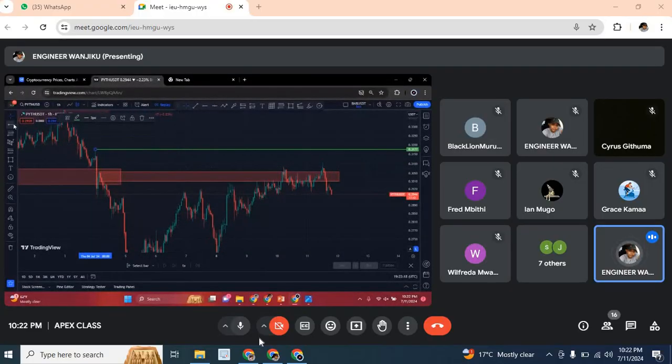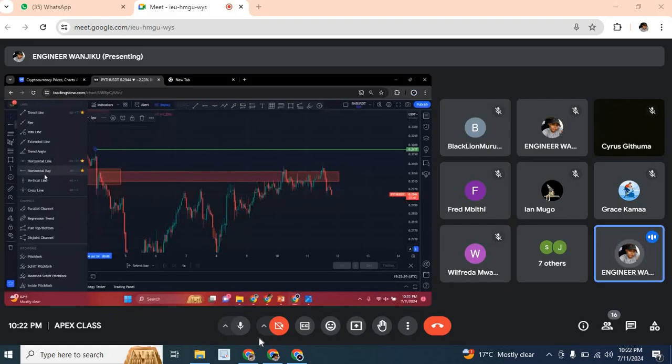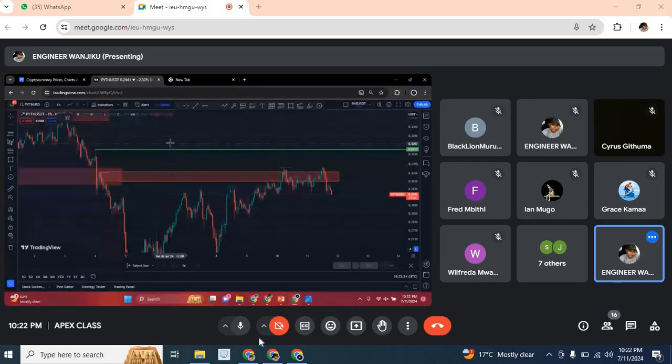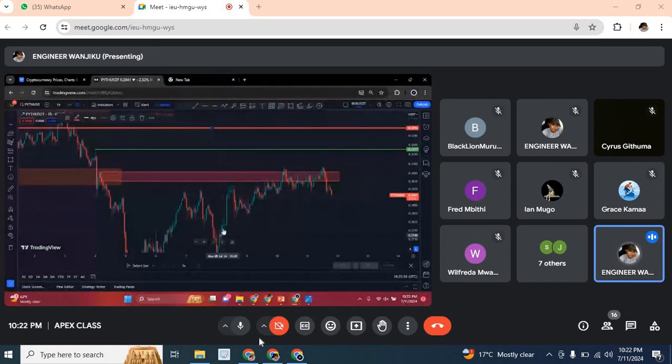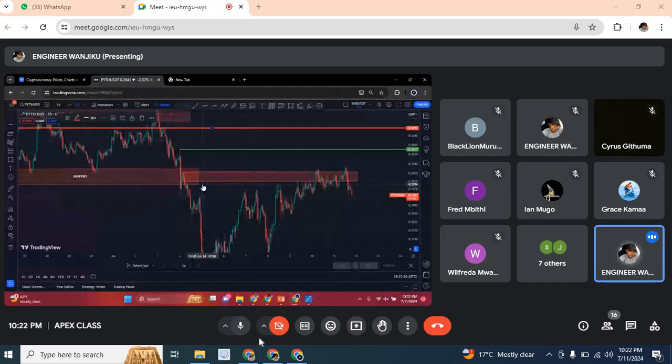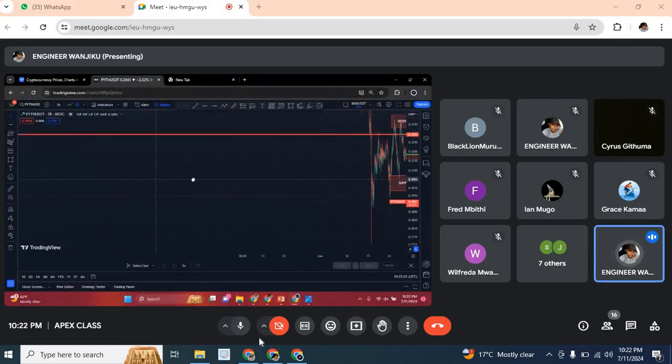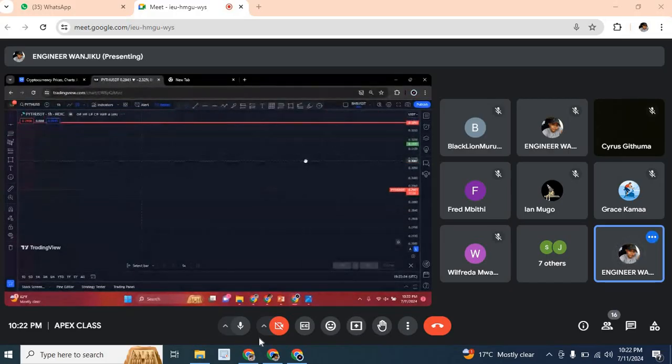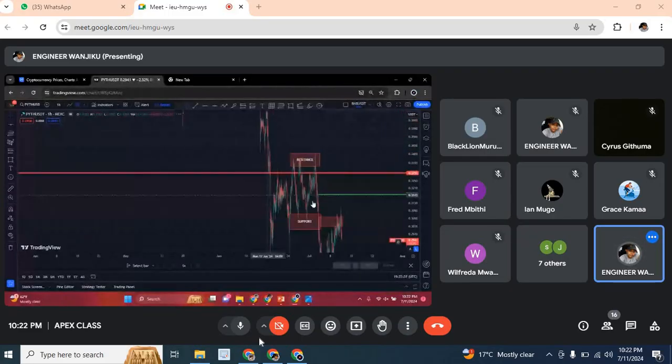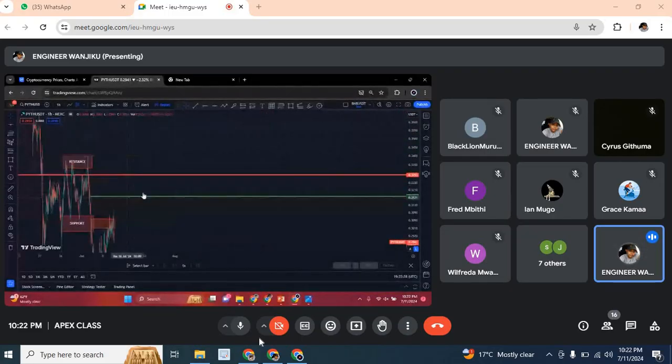But the horizontal line draws a line from the left all the way to the right. So if I do that with the horizontal line, even if I zoom out to whatever date, I'll still see that line. So that's the difference between the horizontal line and the horizontal ray.